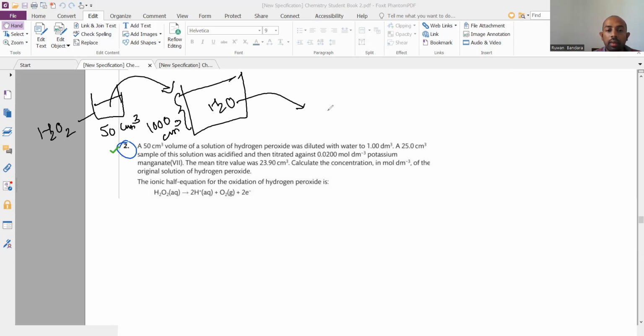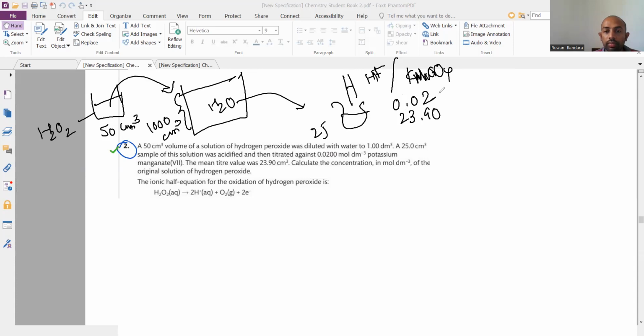Then you take 25 out of this sample and titrate with acidified KMnO4. This is the summary. The concentration is 0.02 and the titer value is 23.90.